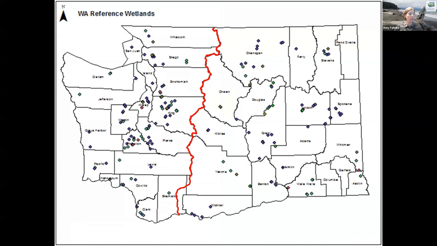The reference wetlands represent a range of functions, so it's not just the highest functioning or the most pristine condition, as is done in other states or other assessment methods. Basically, early on in Washington, we recognized that even wetlands that are disturbed or in less than pristine condition can still provide important functions and values.